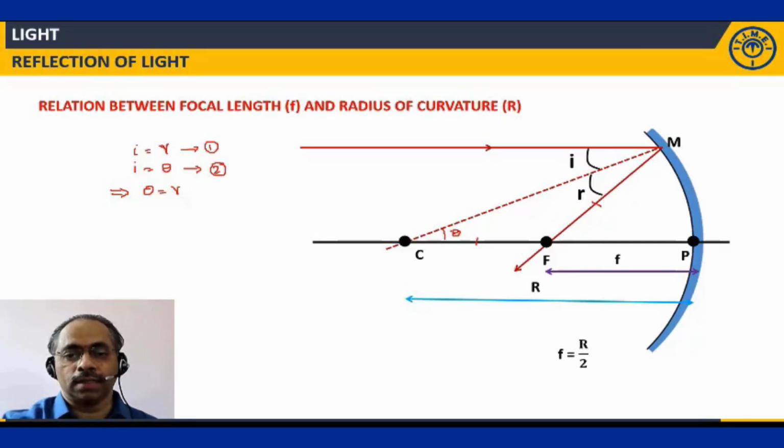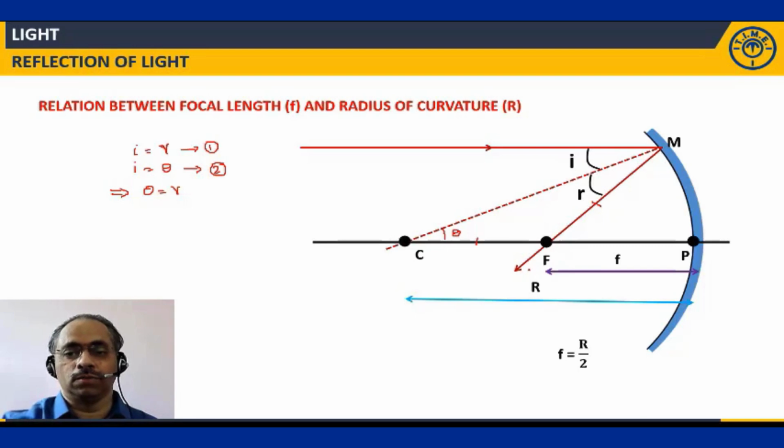When theta is equal to r, the triangle CFM will become an isosceles triangle. In an isosceles triangle, the sides opposite to equal angles will be equal. That is the reason this will become an isosceles triangle, because the two angles are equal. If you recall the basics in geometry, when theta is equal to r, CF is equal to FM.